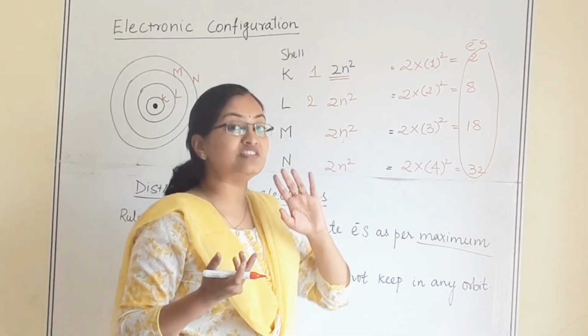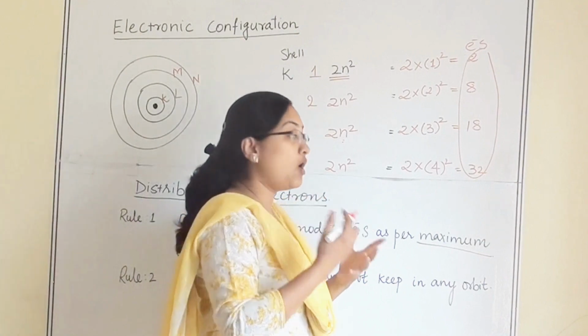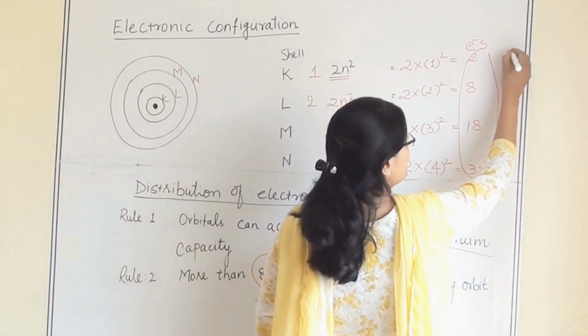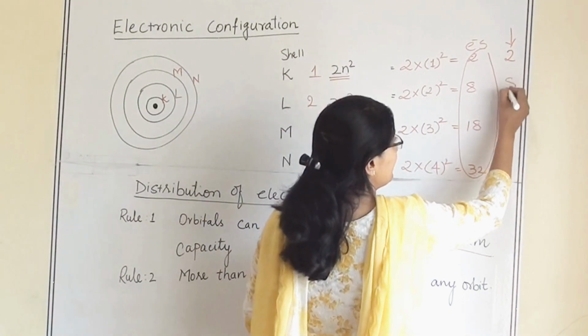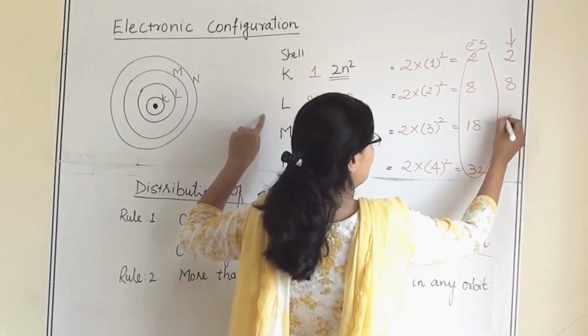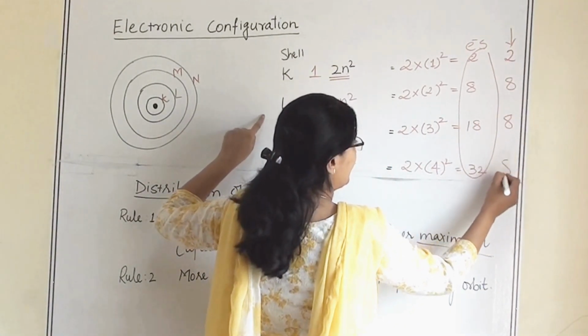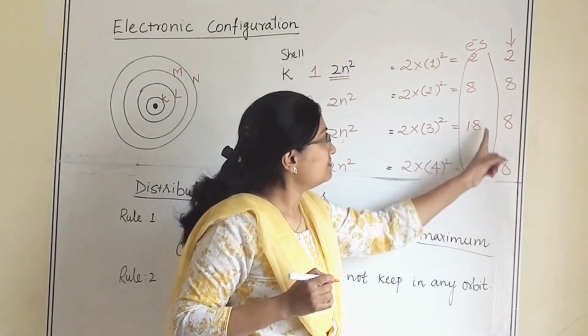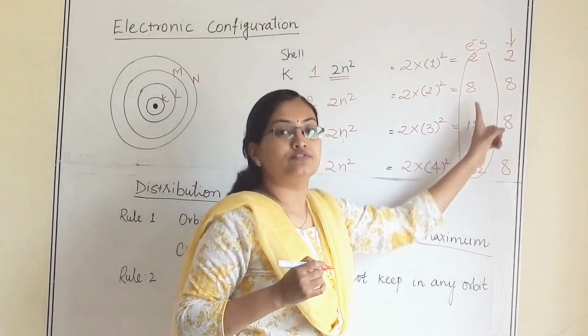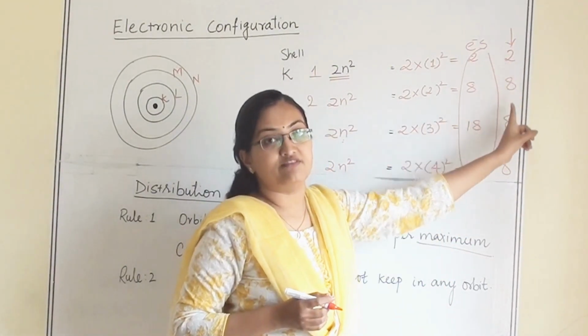So when you are distributing electrons, how many electrons are you going to put in each and every orbit? This is 2 for K, 8 for L, 8 for M and 8 for N. These are the real capacities of each and every orbit.